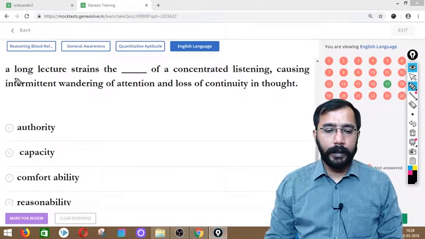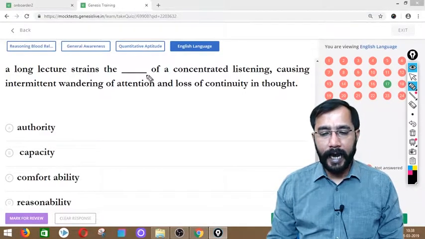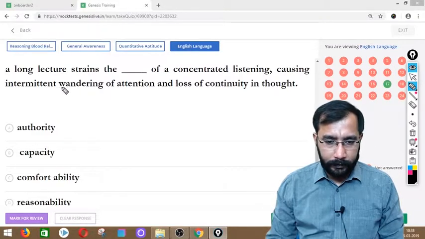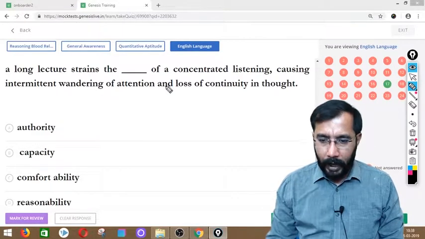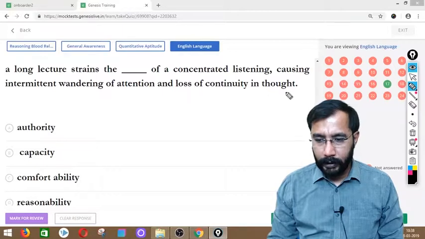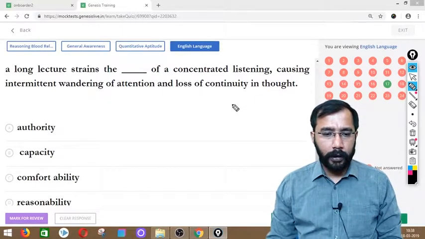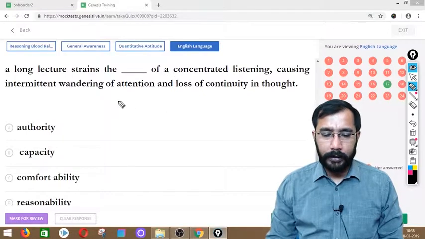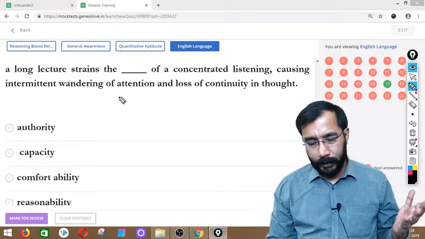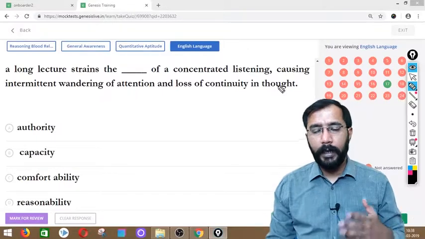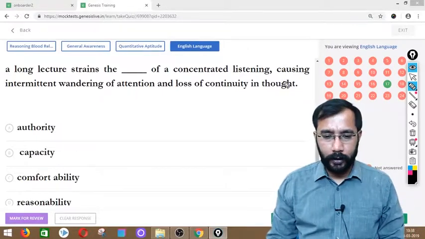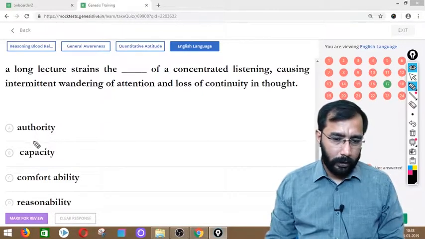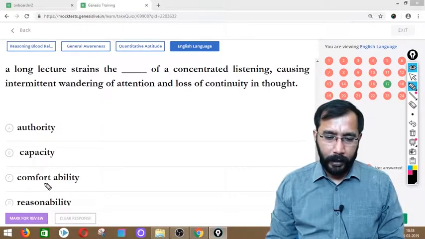The next fill in the blank. A long lecture strains the dash of a concentrated listening, causing intermittent wandering of attention and loss of continuity in thought. All right, so a long lecture can strain concentrated listening, causing wandering of attention, like you might go away from it, and the continuity of thought is lost. So what is the right word? Authority, no. Capacity, maybe.